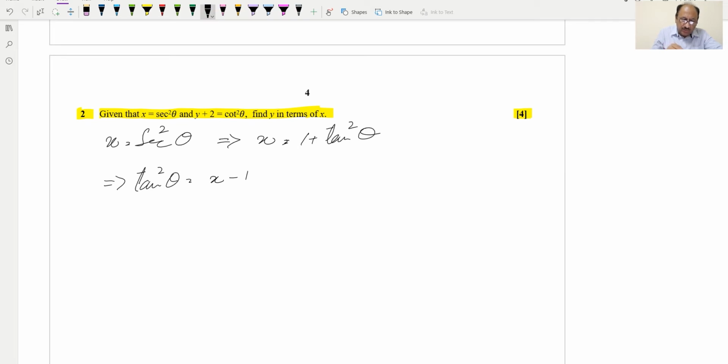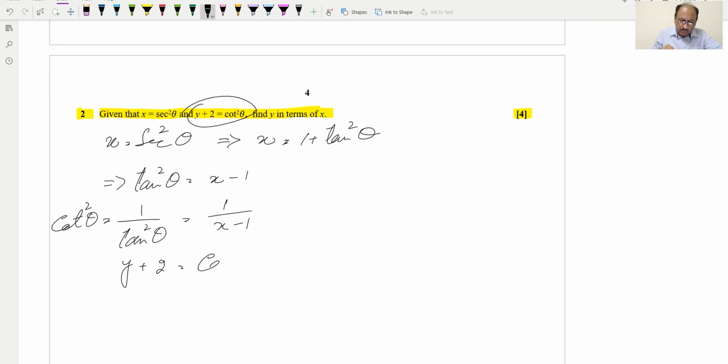Take the reciprocal of this equation and it will be 1 over tan squared theta equal to 1 over x minus 1, and this 1 over tan squared theta we can write as cot squared theta. This value of cot squared theta we can replace in this equation, y plus 2 is equal to cot squared theta, which we can write as 1 over x minus 1.